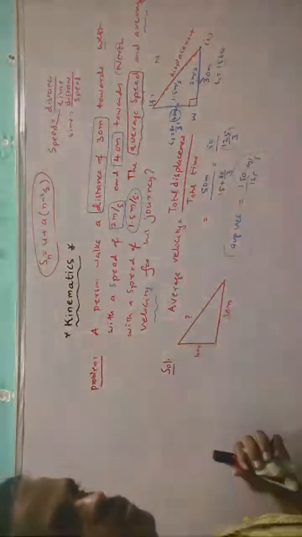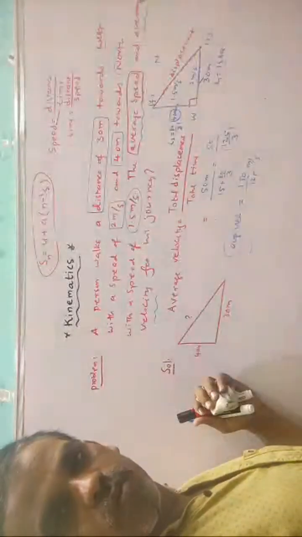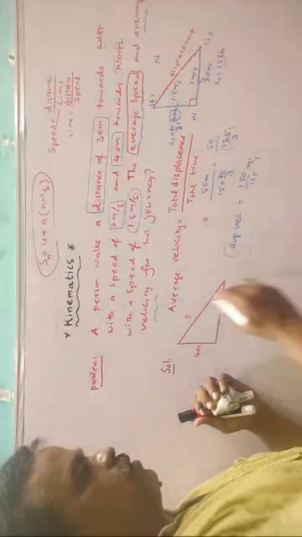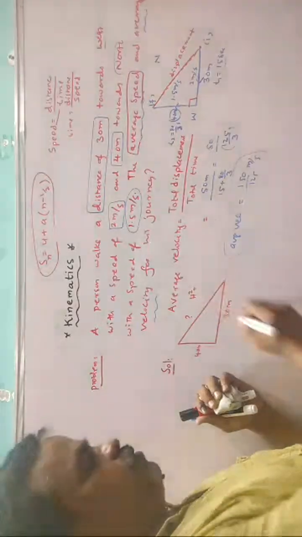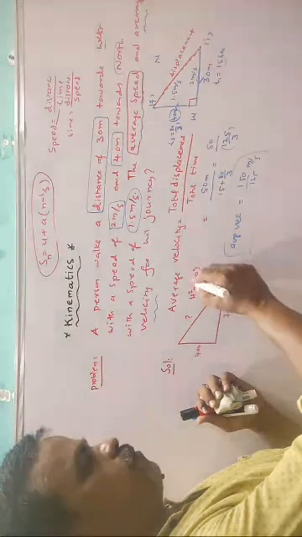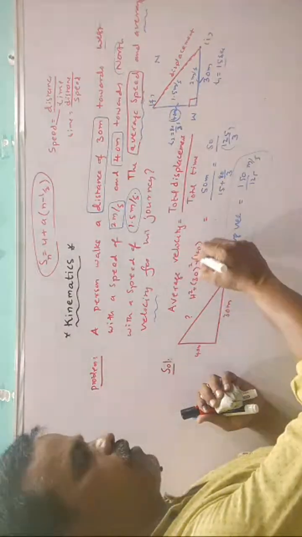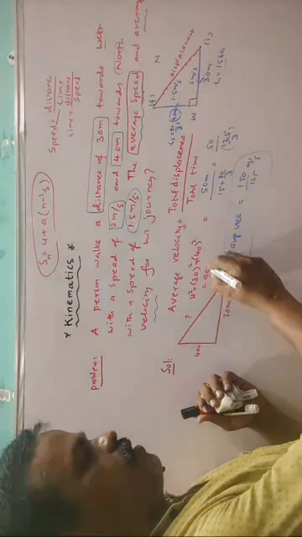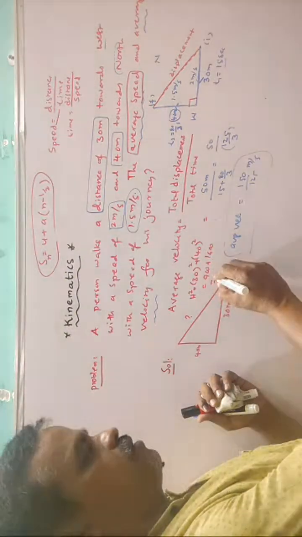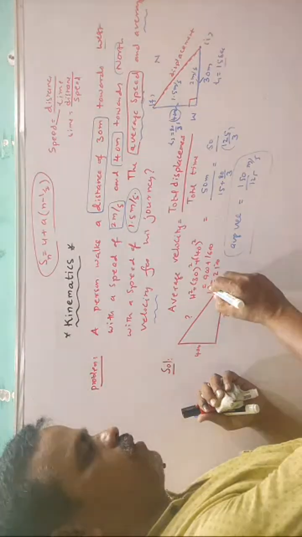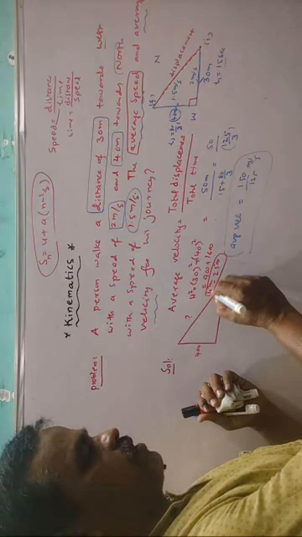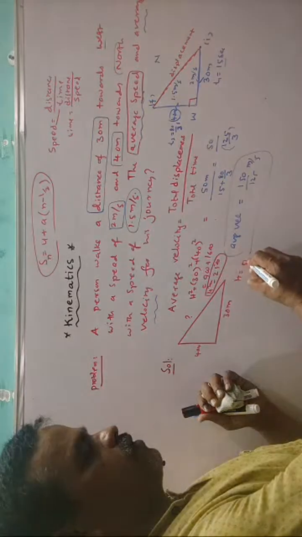How much is this? So hypotenuse square equal to 30 square plus 40 square, 900 plus 1600, you will get 2500. Hypotenuse square equal to 2500, then hypotenuse equal to 50.